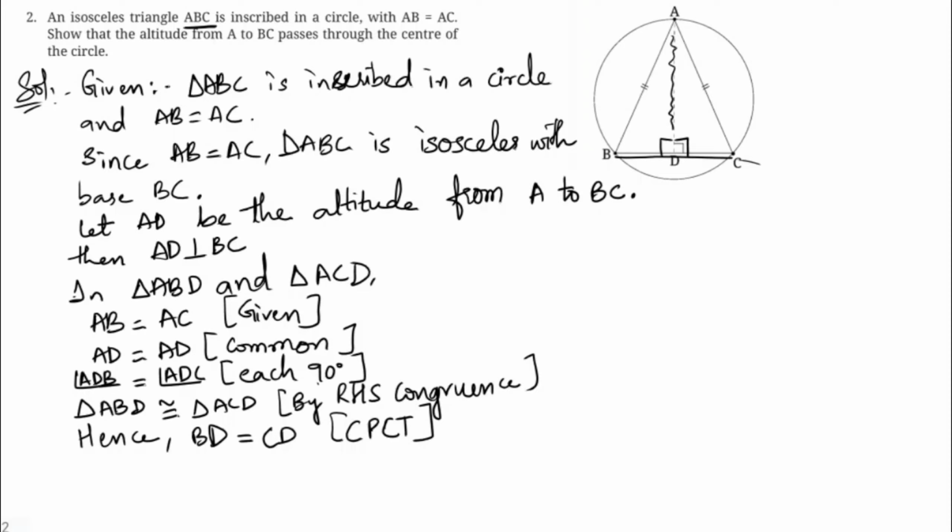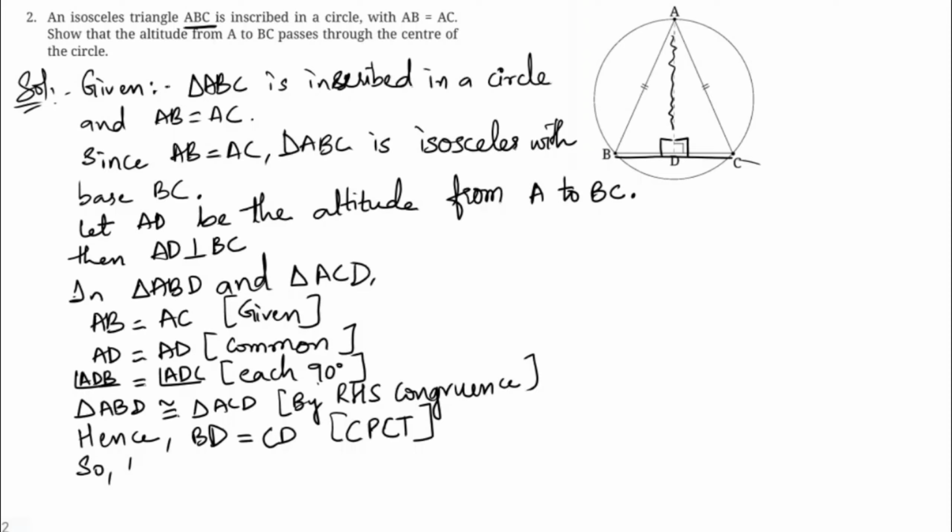When BD and DC are equal, that means the point D is dividing BC into two equal parts. That means AD is bisecting BC.